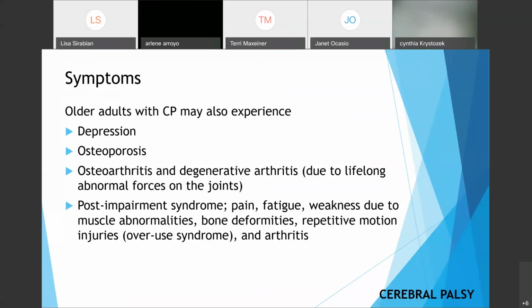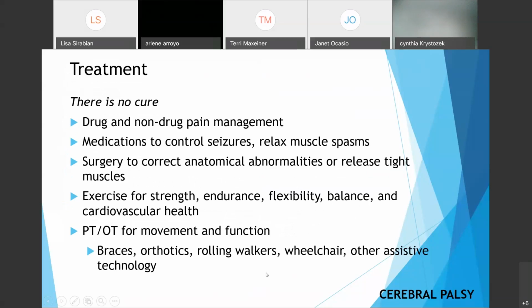There is a post-impairment syndrome, which just kind of groups together the most common chronic symptoms that we see: pain, fatigue, weakness due to the muscle abnormalities, bone deformities, repetitive motion injuries, and arthritis. There's no cure for cerebral palsy.